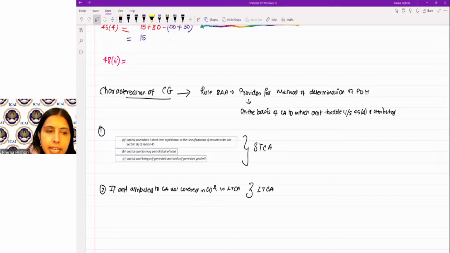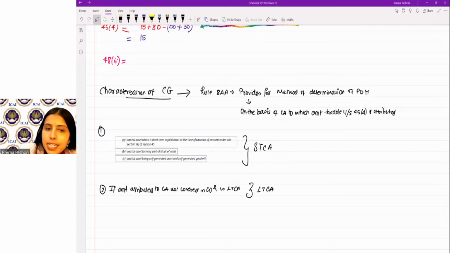So let's say in the example which I had given you, here I had X and Y as my capital assets. Under 45(4), 90 was coming.